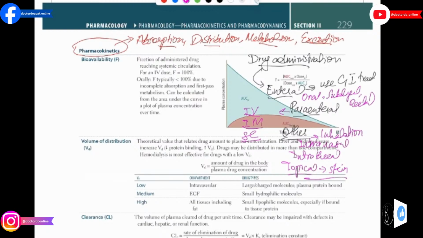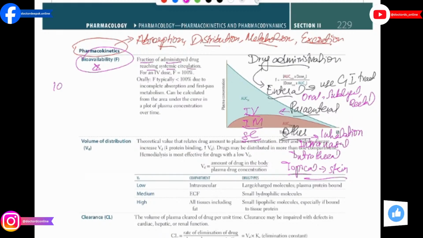Fine. I am telling you about all these routes because the method of administration of a drug affects how much of it will be available to the body, and the amount of drug available to the body is called bioavailability. Okay? Secondly, bioavailability is the fraction of administered drug reaching systemic circulation.